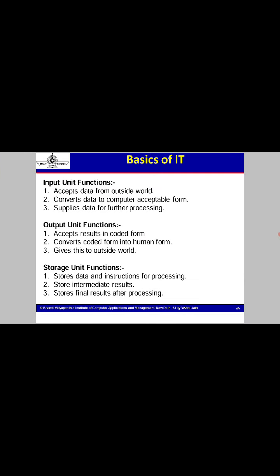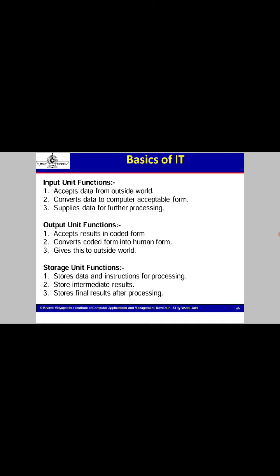Next one is output unit functions. What are the functionalities of output units? Generally it accepts results in coded form, converts coded form into human form, and gives this to the outside world.